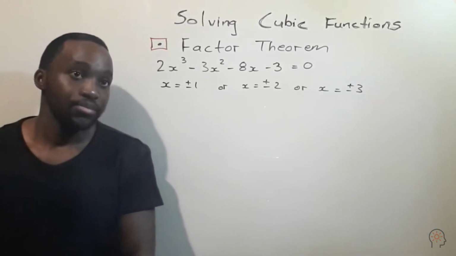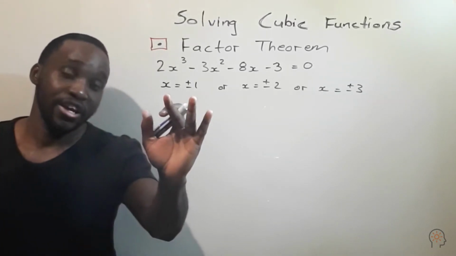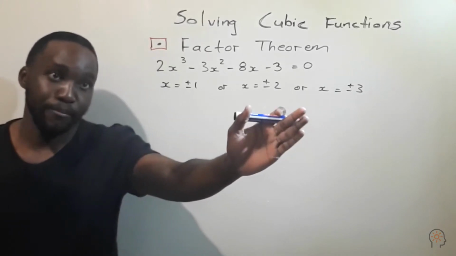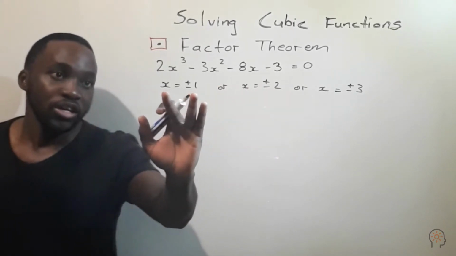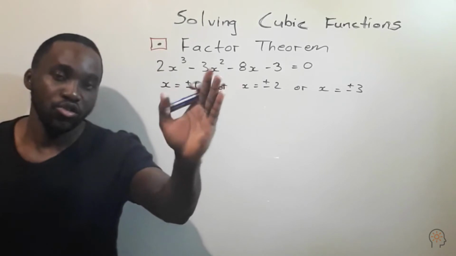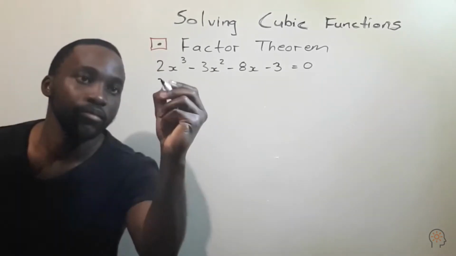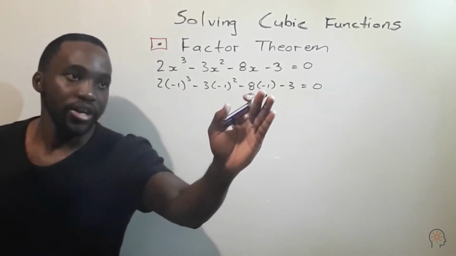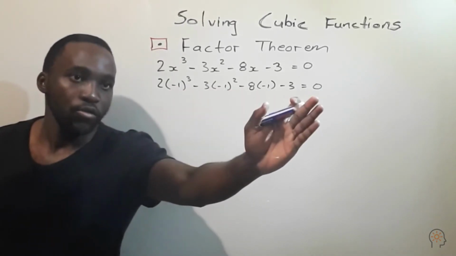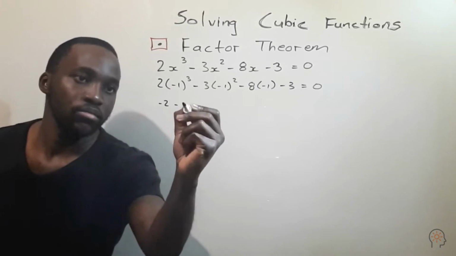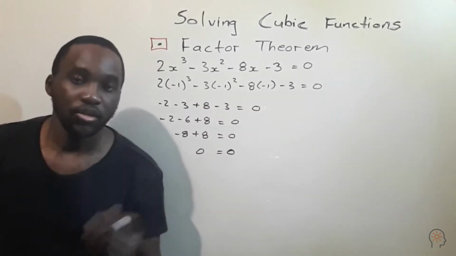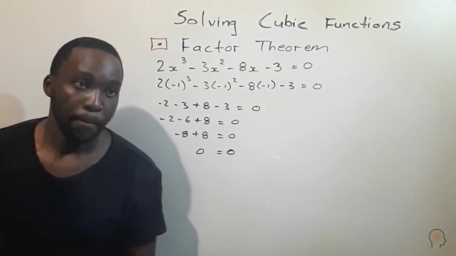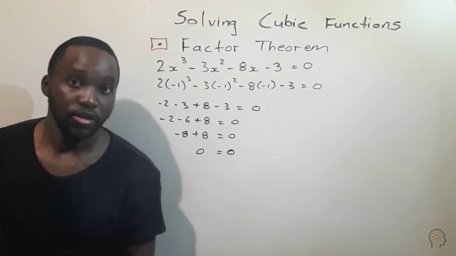So in our case, we're going to test out negative 1 first because it's the very first number. To test if negative 1 is a solution, this is all we need to do: where x is, we just put in negative 1, and then solve the equation. This shows us that negative 1 is definitely a solution.